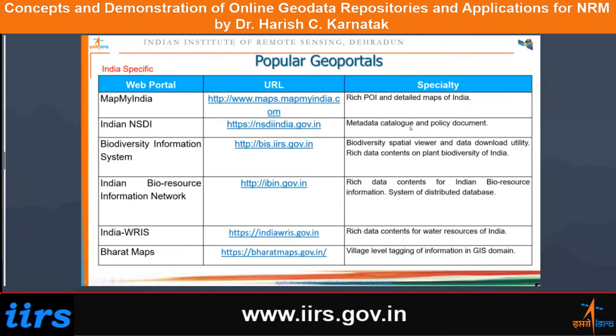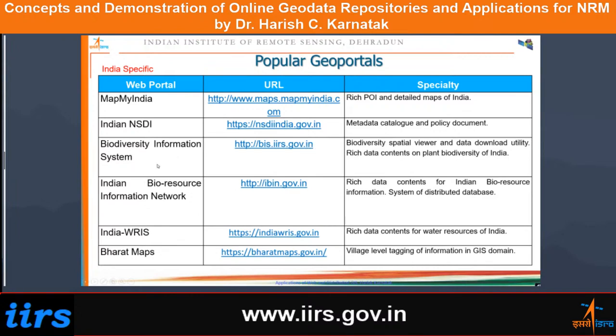So in India, all the mapping agencies or spatial data providers like Survey of India, Forest Survey of India, Geological Survey of India, ISRO or the Department of Space, or other surveying agencies provide the complete metadata, that is, data about the data. So you can search for appropriate data, where it is available, what format is available, and whether it is free or on a commercial basis. All these details are published under this website.